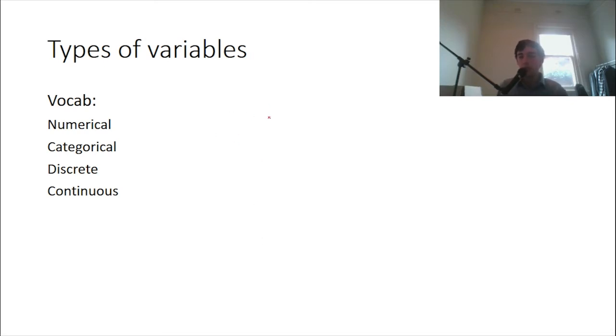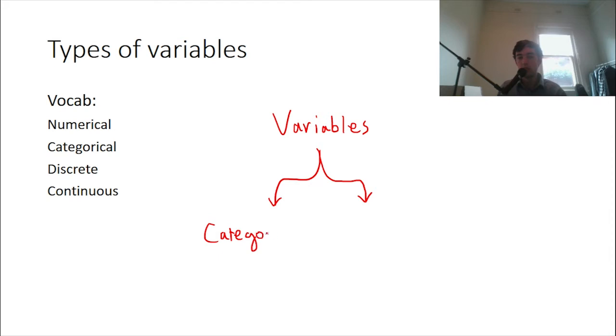Now, it gets slightly more complicated basically because there's two types of numerical variables. So if I start with variables, remember we split it into two sections, two different types. There is categorical and numerical.